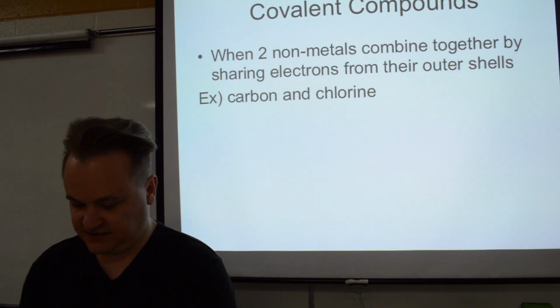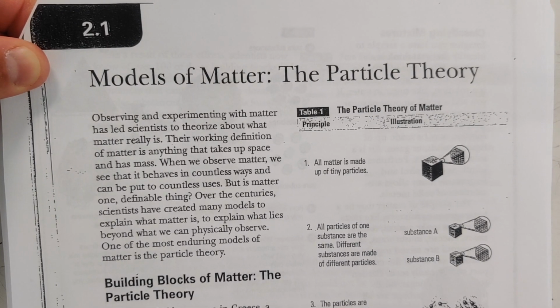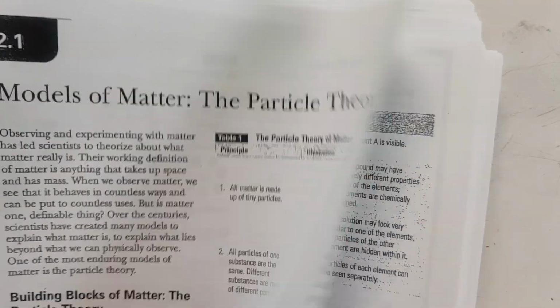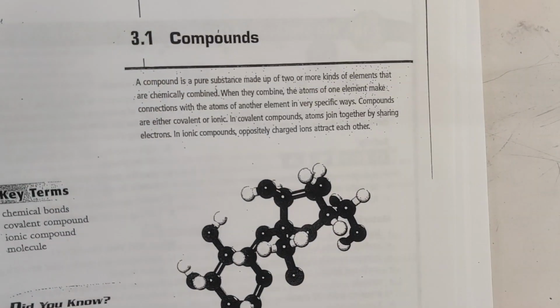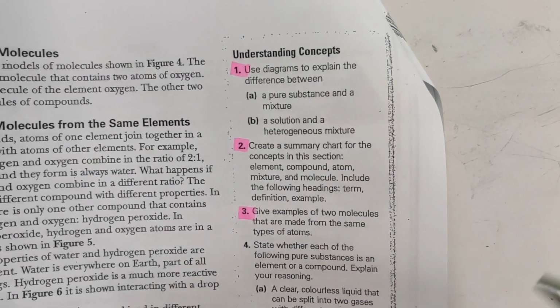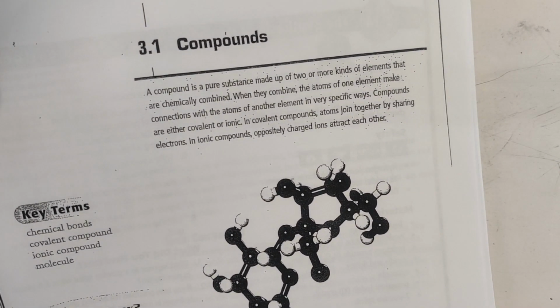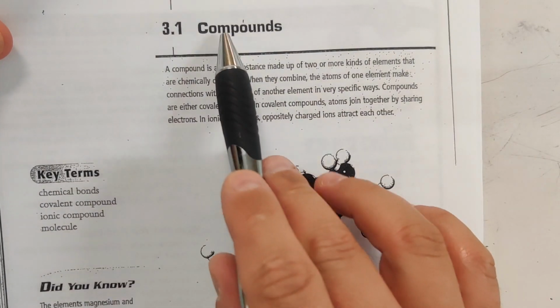36. So the first thing you'll do is read 2.1, and it's quite a few pages. Then you will do questions 1, 2, and 3 on page 47 of the book. You will then do 3.1, and you can read about compounds.